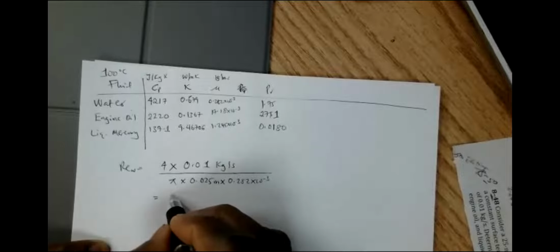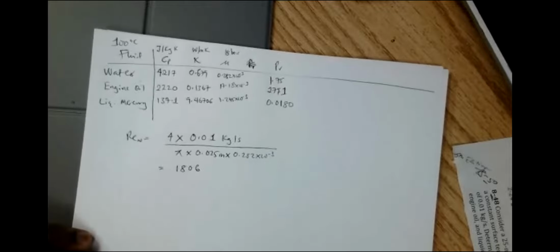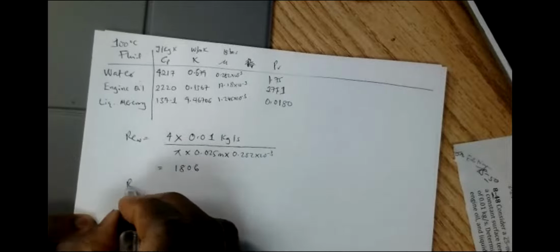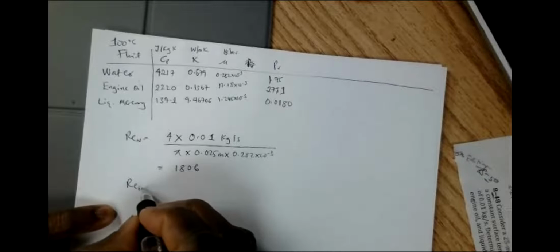We have a constant diameter too, 0.25. Just convert that quickly to meters. Just divide by 1,000 to get meters, and then multiply by the dynamic viscosity. For water, we have that to be 0.282 times 10 raised to the power minus 3. Okay. Now, if we compute this, we'll get this value to be 1,806. Okay. Now, in the same way, compute this for engine oil.